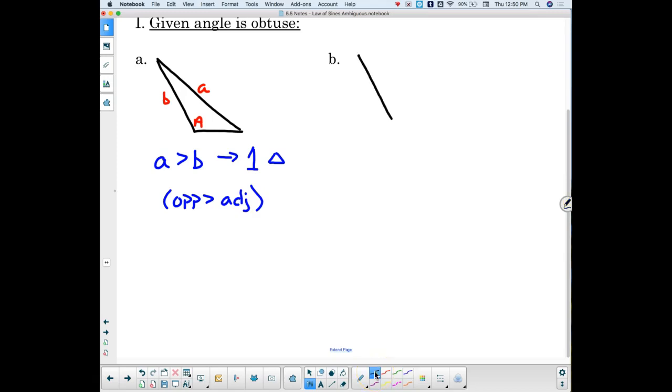If the given angle is obtuse, but my opposite side is smaller than my adjacent side, we don't get a triangle.